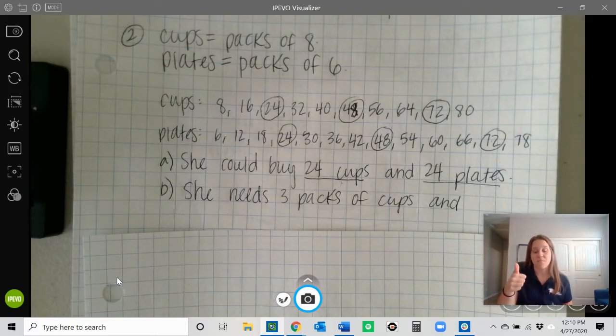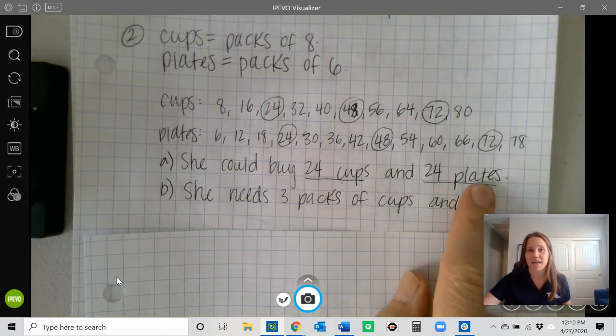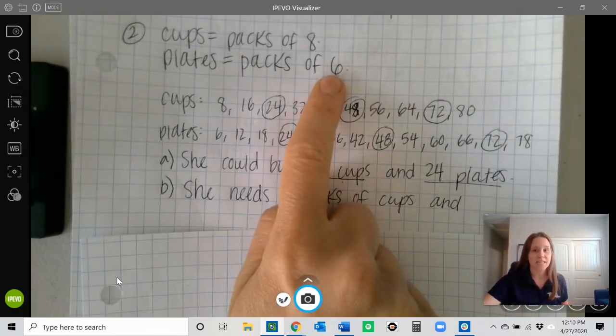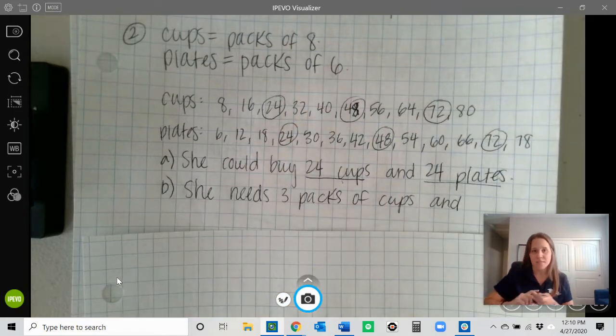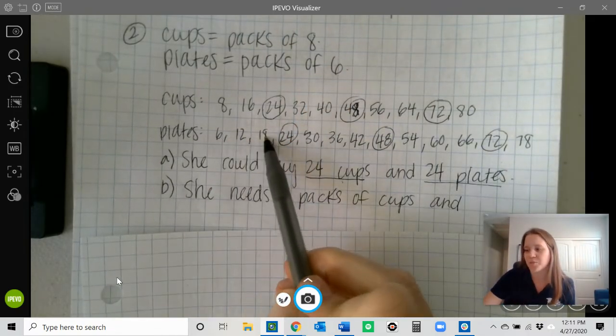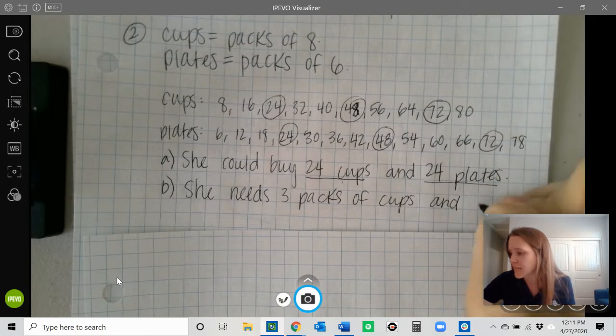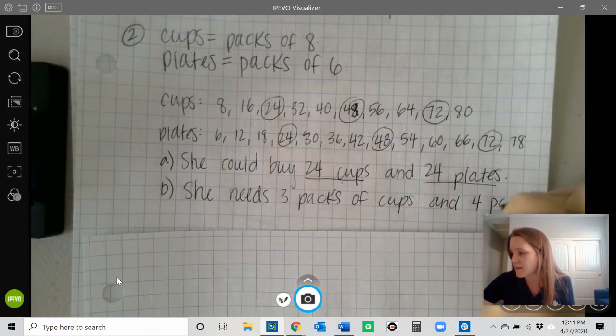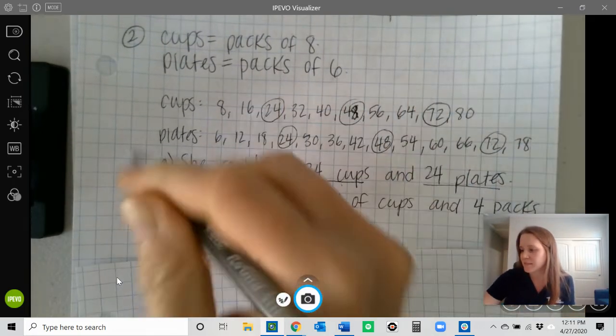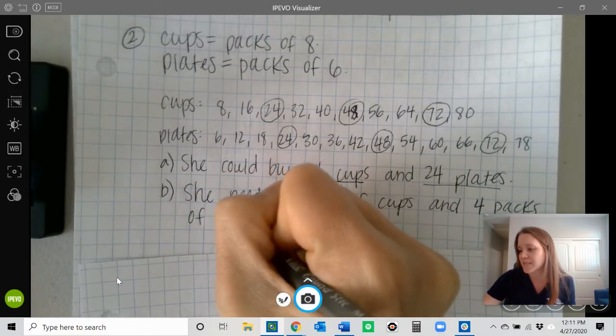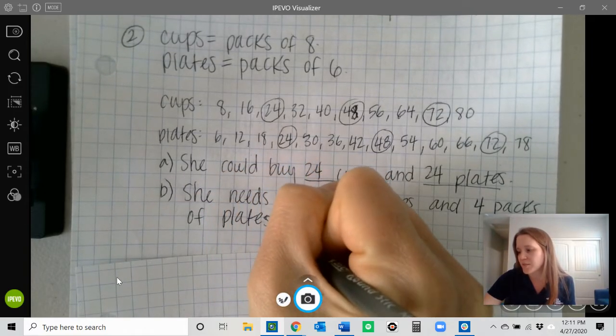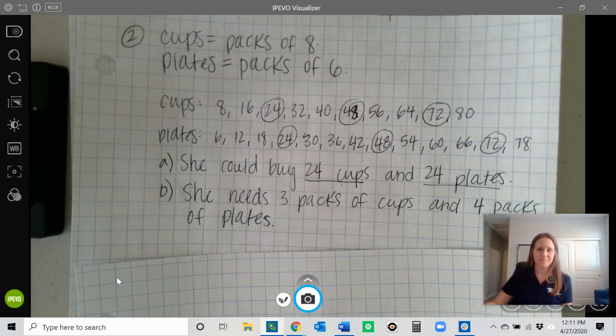If you were thinking she needs more packs of plates in order to get 24 plates, you were right. That's because there's fewer plates in each pack. She needs 1, 2, 3, 4 packs of plates. Please update your paper so that your paper looks like mine.